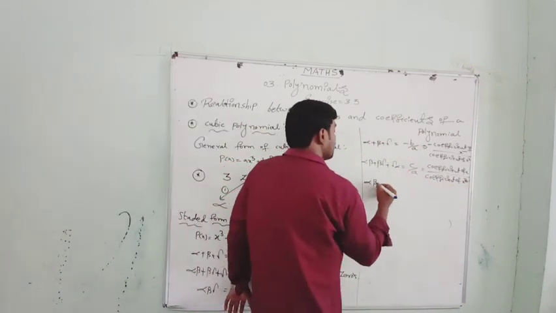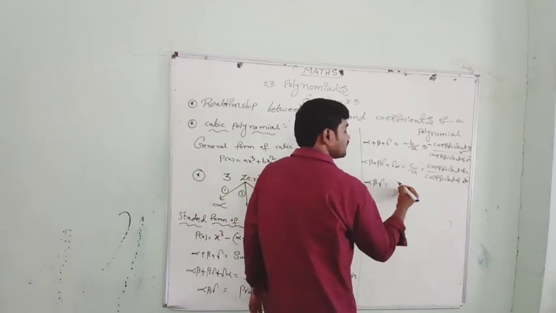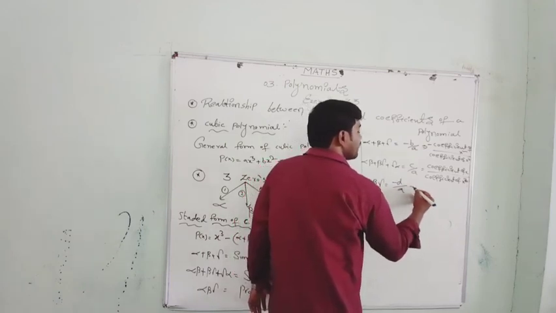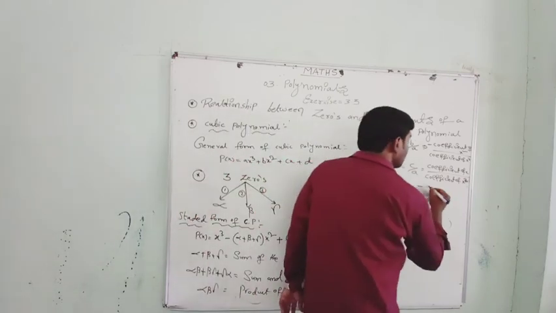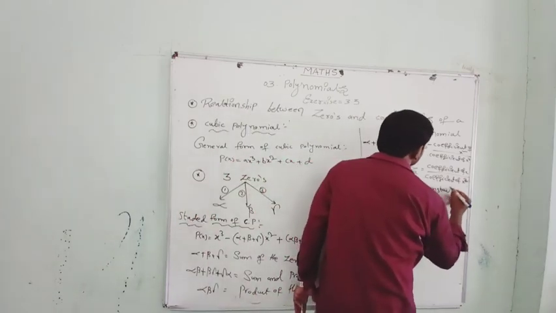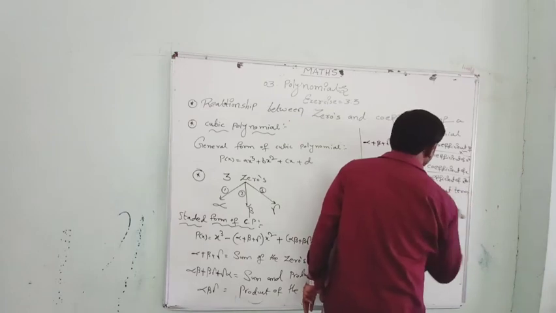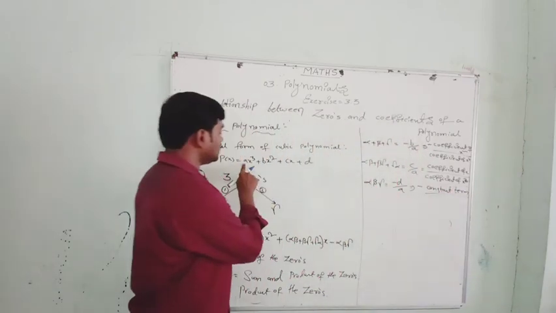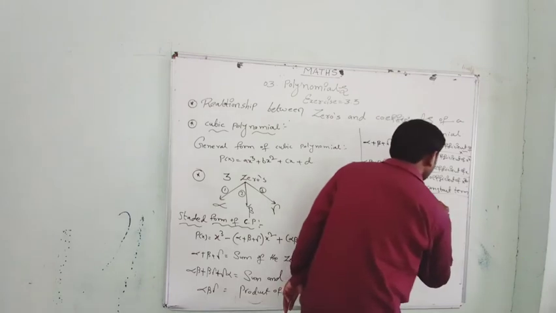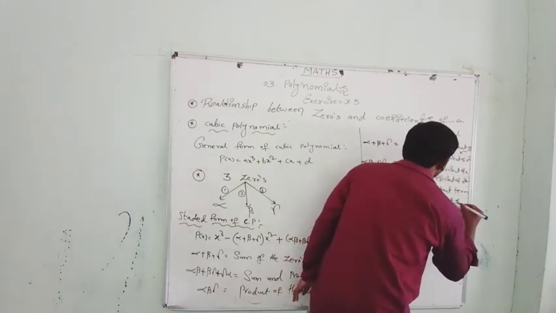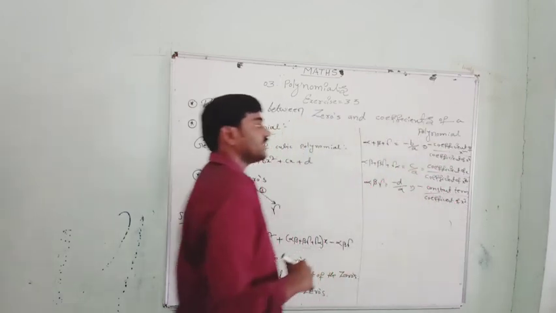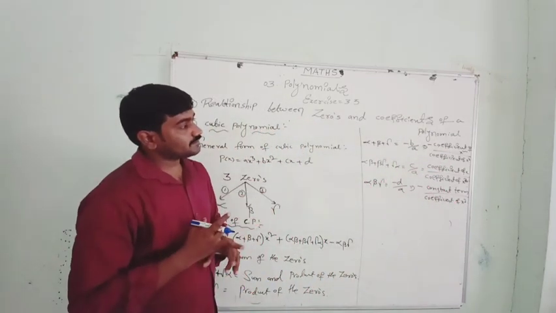Then alpha beta gamma, the product of the zeros, equals minus d by a. Here d is the constant term, and a is the coefficient of x cube.